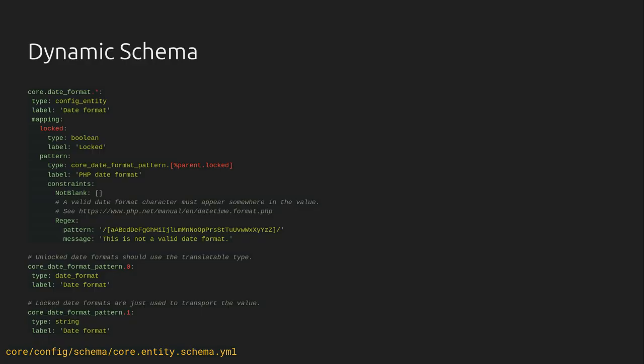When it's not enabled, then we are using type date format. So that means that the date has to be an actual date format. It needs to be another entity. And if it is locked, then we're just using string as the data type. So we're changing the data type of a specific property in a type dynamically based on a sibling value.